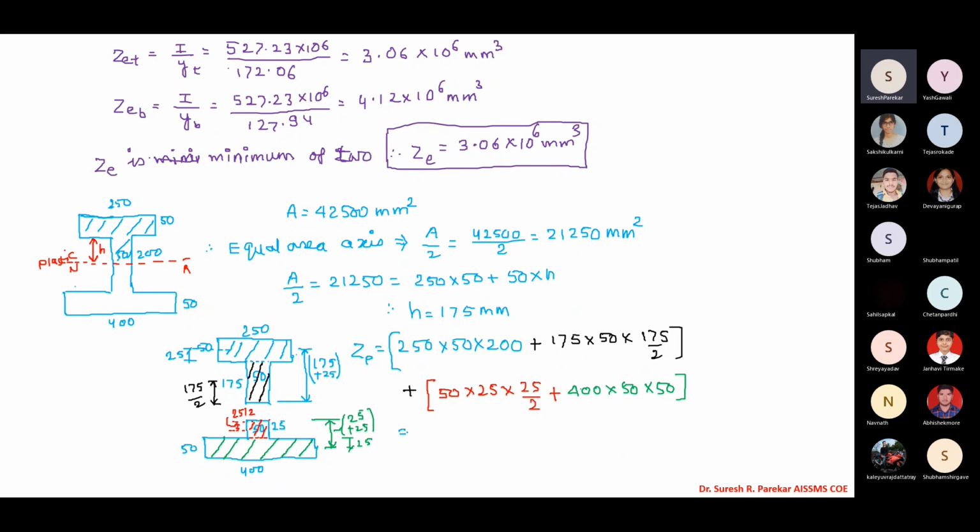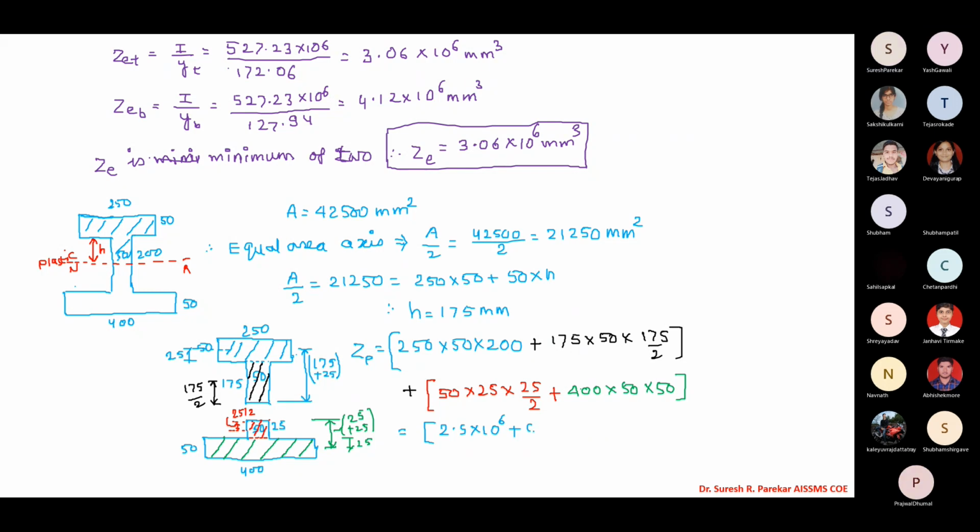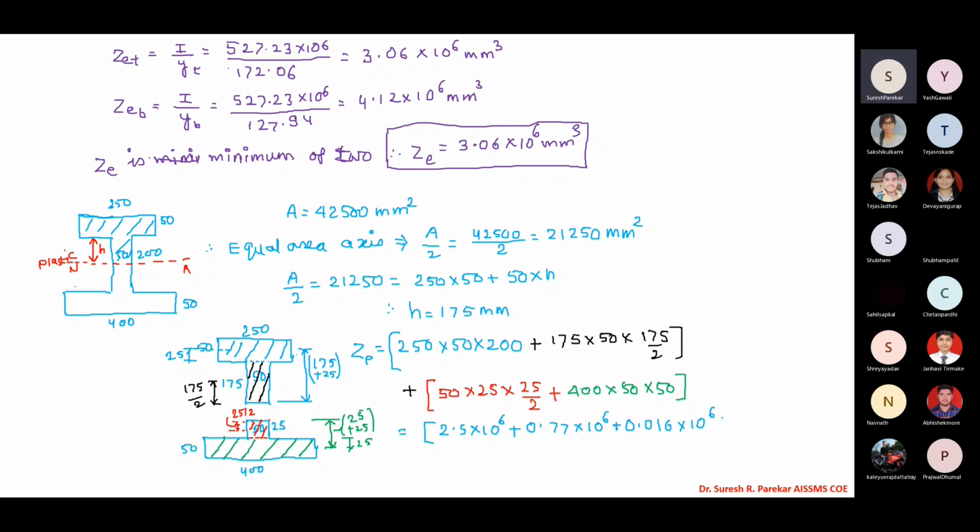Now I will write value of each term separately. So first term 2.5 into 10 raised to 6, plus 0.77 into 10 raised to 6, third is 0.016, you can take 3 also, and then 1 into 10 raised to 6.